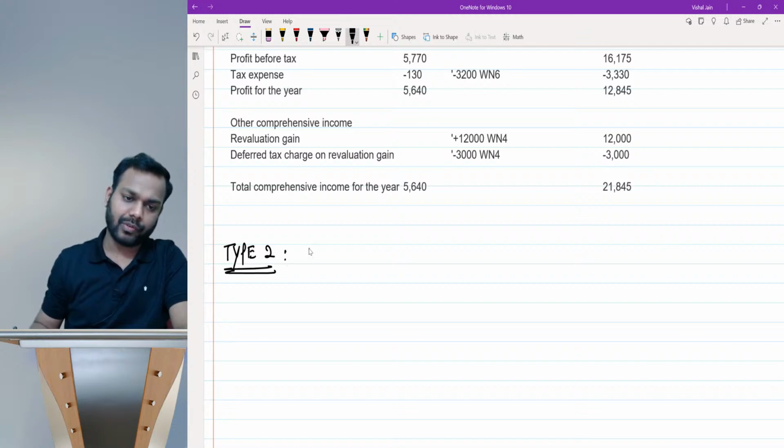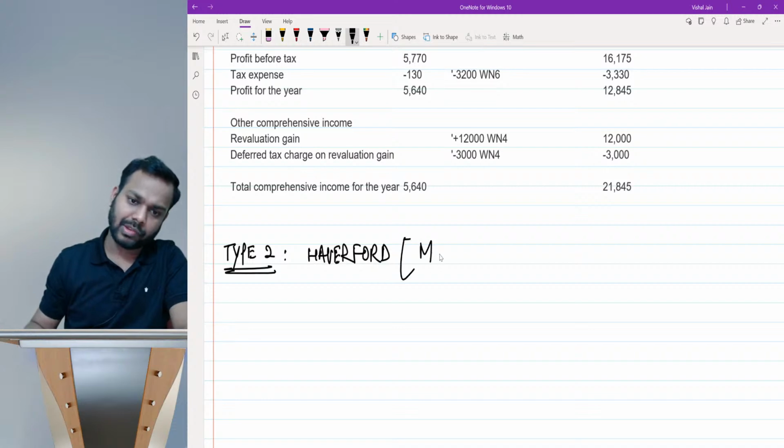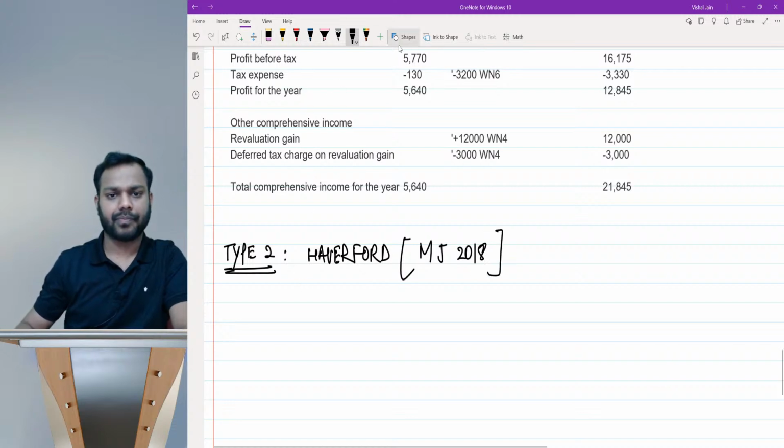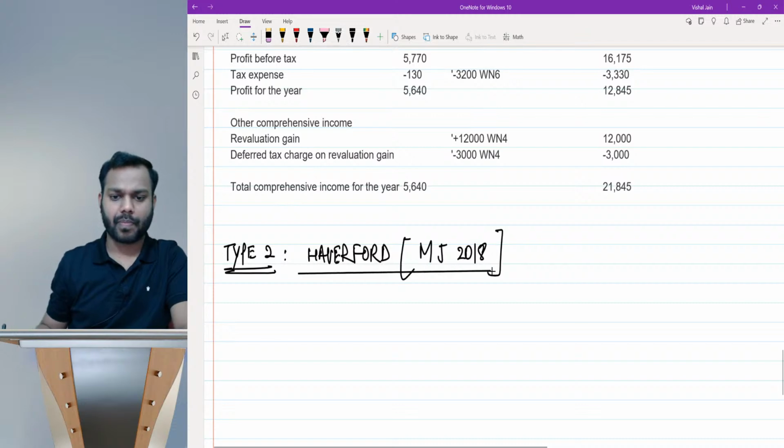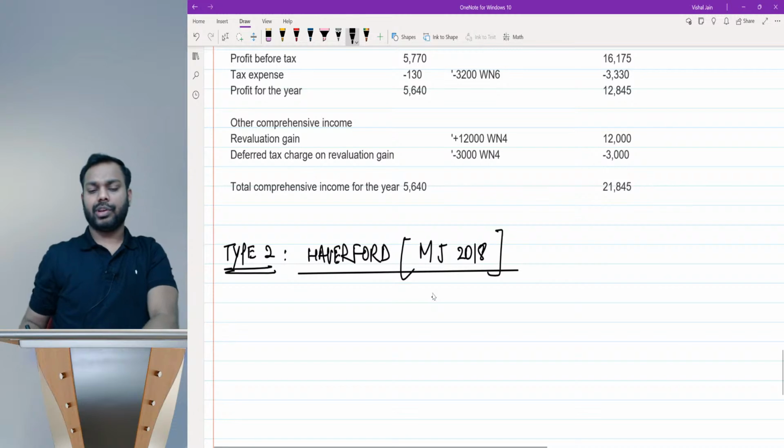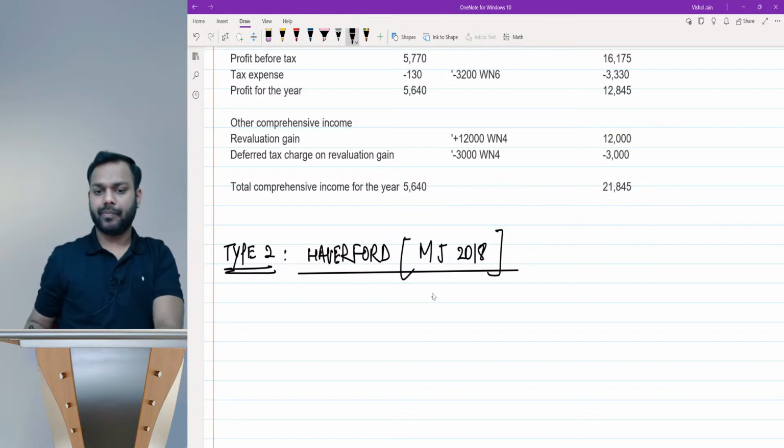The question which you have to solve here is Haverford, which was tested as part of March June 2018. Ready for this question, guys?